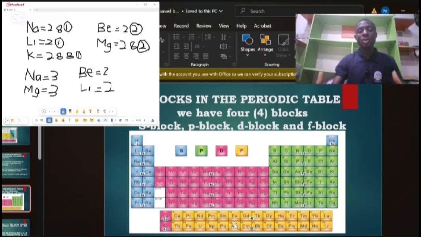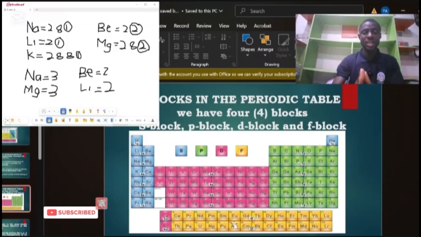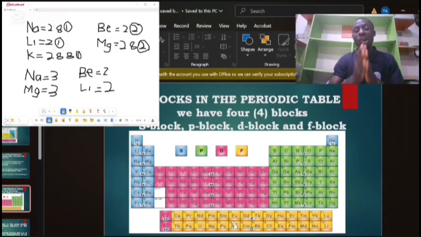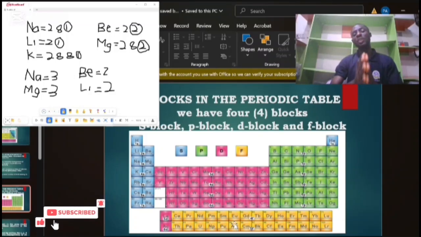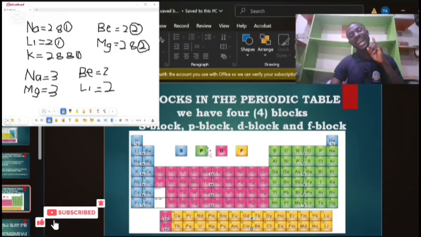When you write the electronic configuration of SPD and F, if the last electron of an element falls in the S orbital, that means that element will belong to the S block. If the last electron ends in the P orbital, that means that element will be in the P block, and so on and so forth.